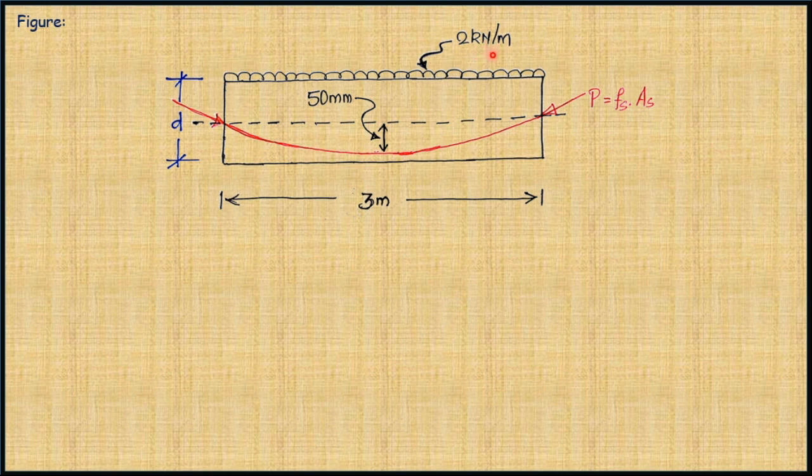Now assuming the density of concrete gamma equals 24 kilonewton per meter cube and modulus of elasticity of concrete as 38 kilonewton per mm square, this is the data we are going to use.